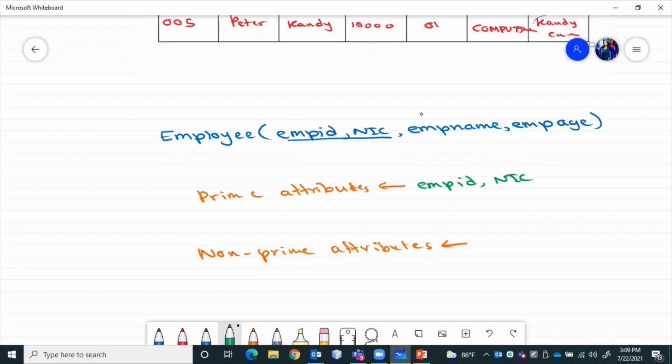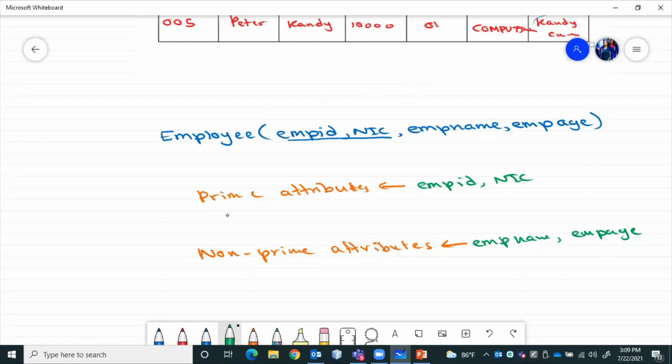Yes, very good. What are those two we have here? EMP name and EMP age. So now we got to know about these two terms, prime attributes and non-prime attributes. Now we have that idea with us.